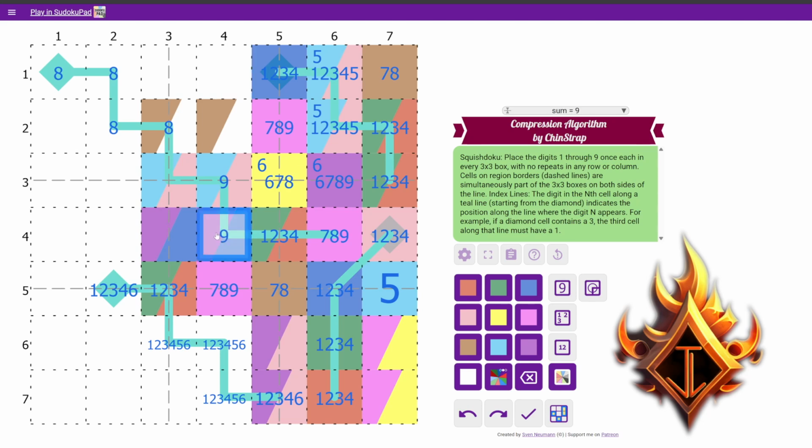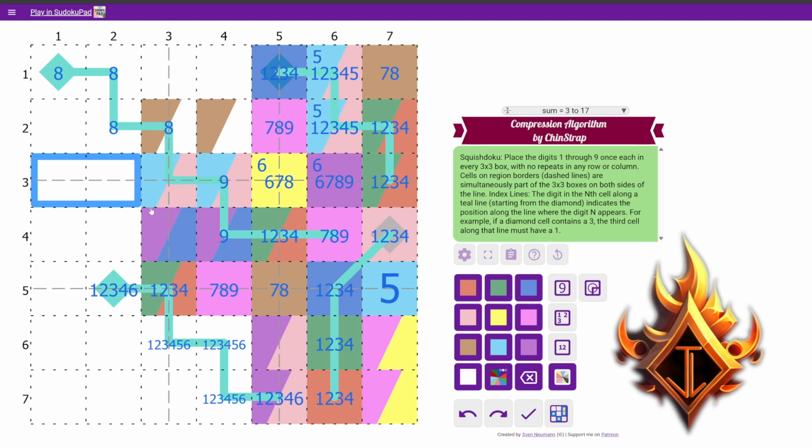It could be dark purple, dark blue, or bright pink. That's 3, 4, 5, 6, 7, 8, 9. Yeah, it's dark blue, dark purple, or bright pink. Oh, it's not dark purple. So it's dark blue or bright pink.